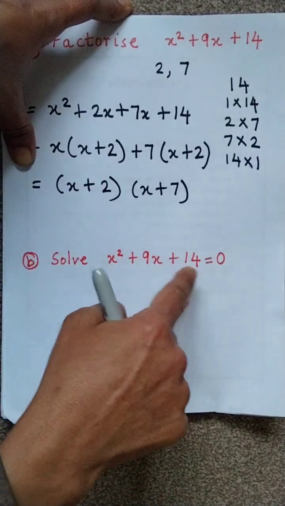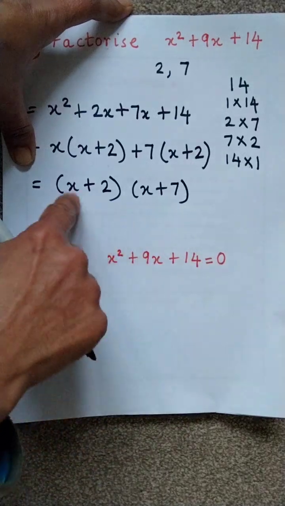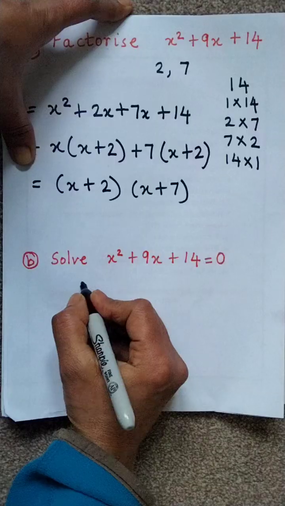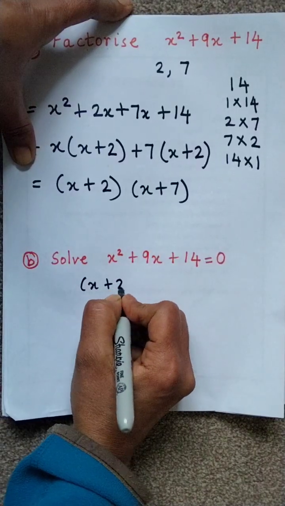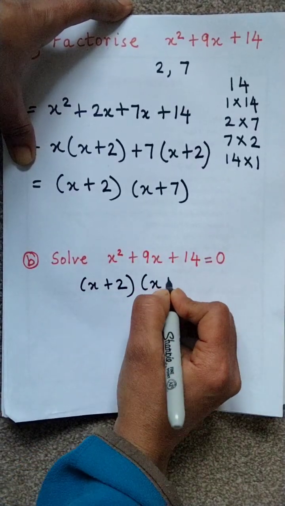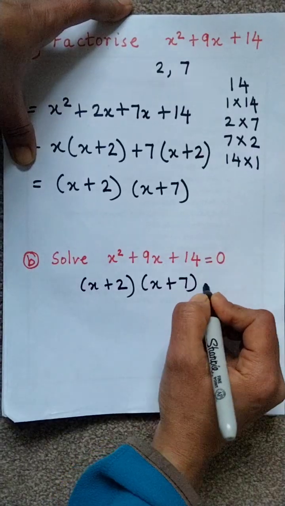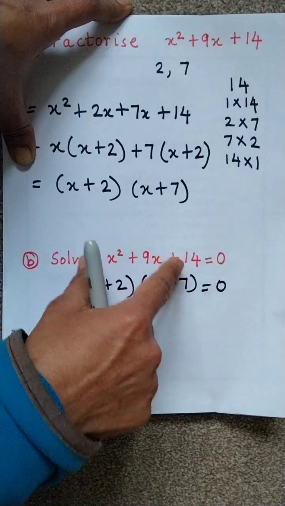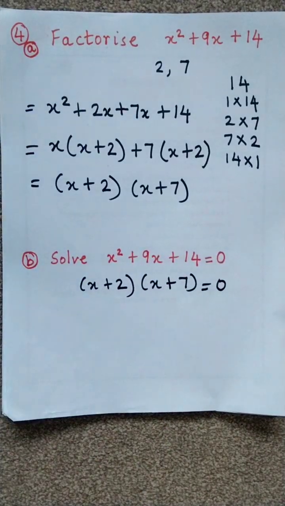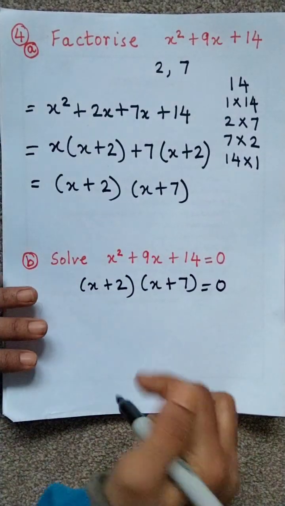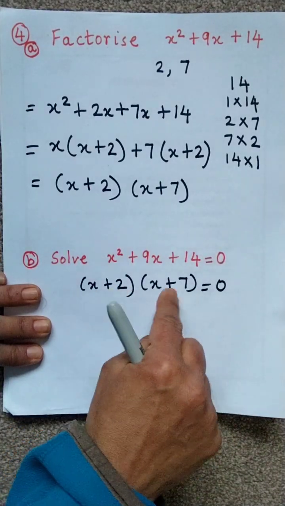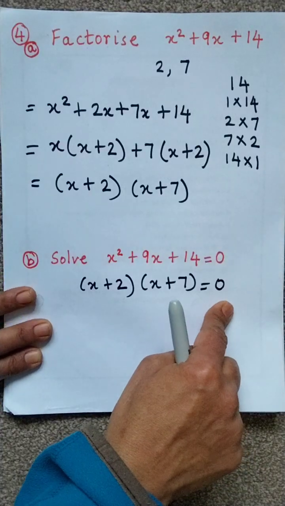We have already factorized x square plus 9x plus 14 is equal to 0, so we can write the same thing here: x plus 2 times x plus 7 is equal to 0. Now there are two brackets, and when we multiply, we need the answer 0.